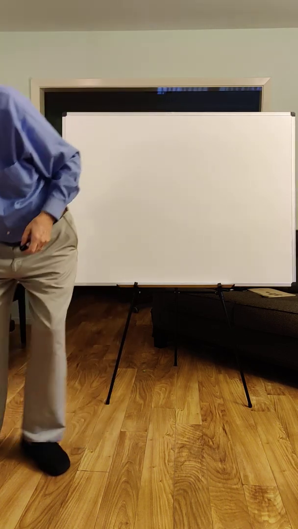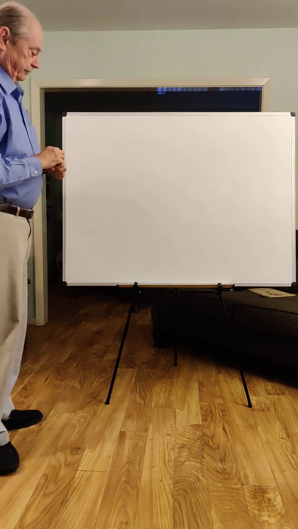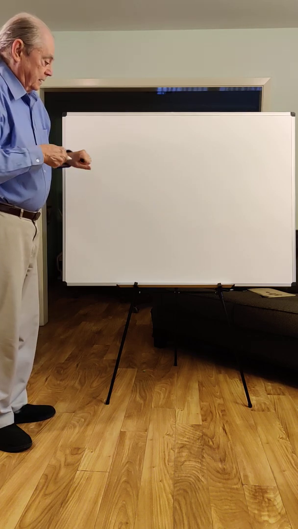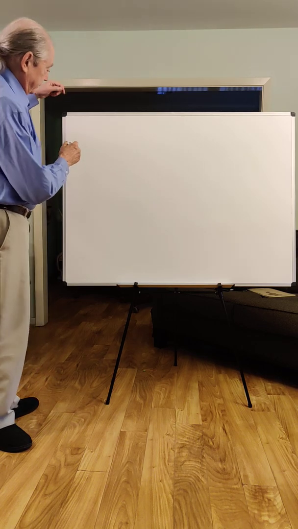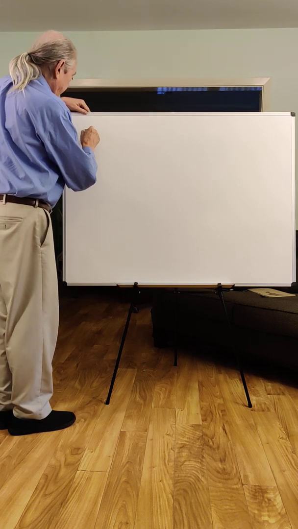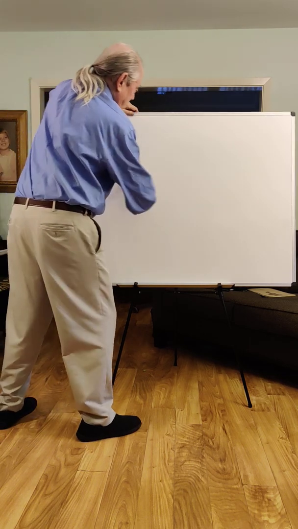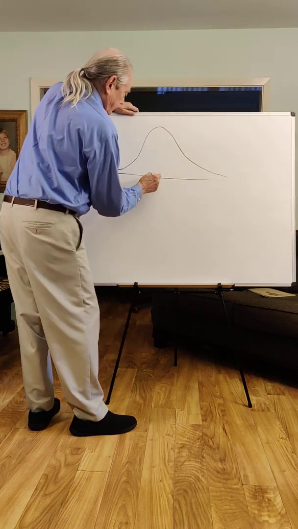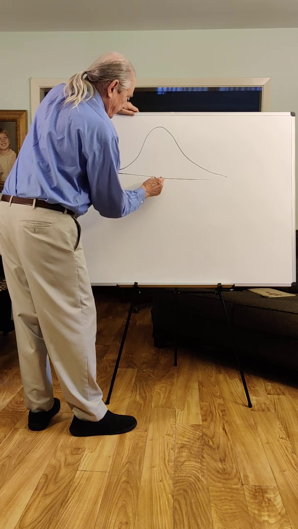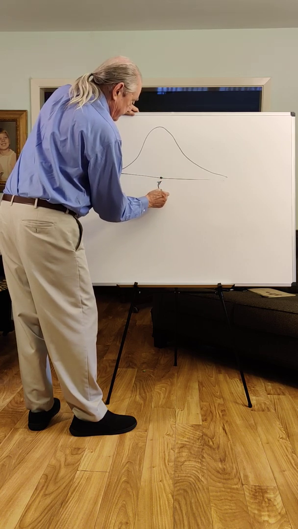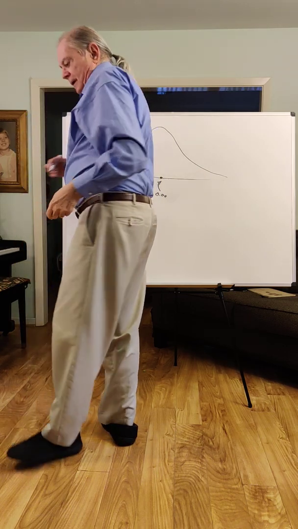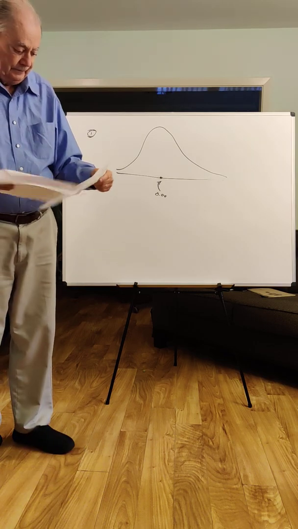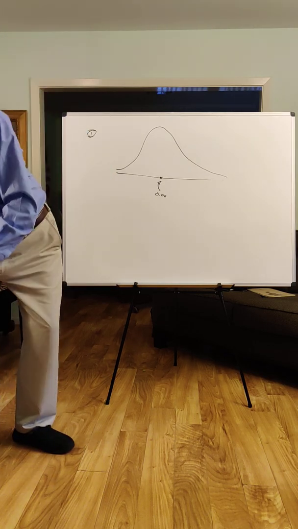Okay, so let's consider the case where we have 2 values of z. I'm going to do 5 or 6 easy problems for you. So the first one is this. We have the number 0, and we have a positive number for z. Let's suppose that positive number is 0.82.